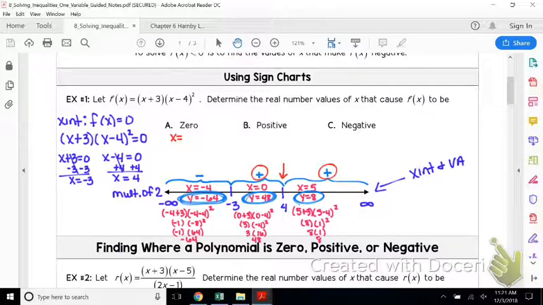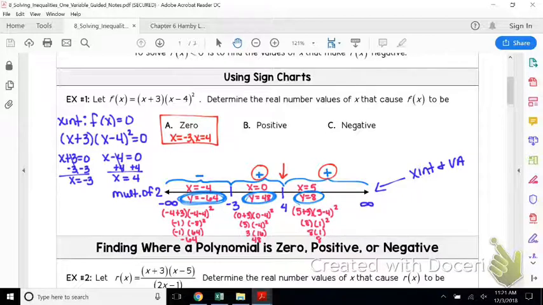X-intercept, roots, and solutions, right? So what were my x-intercepts? Negative 3 and 4. That's what we did over on the left there. So x equals negative 3 and x equals 4 is where my function is going to be equal to 0.